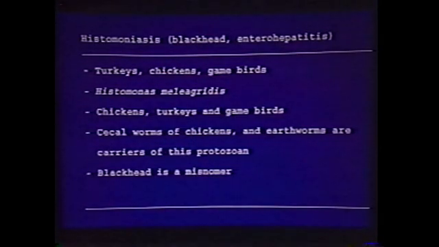That's why blackhead is a misnomer. It should not be used. Instead, histomoniasis or pathologically enterohepatitis would be more accurate. It's caused by Histomonas meleagridis, a protozoa that can affect a variety of birds. We talked about earthworms and chicken cecal worms.